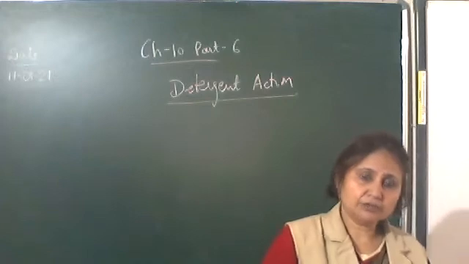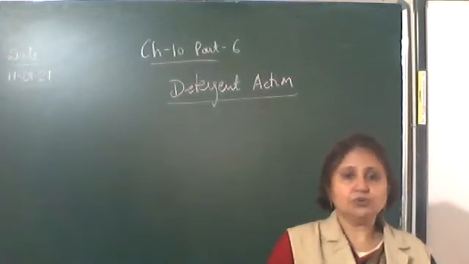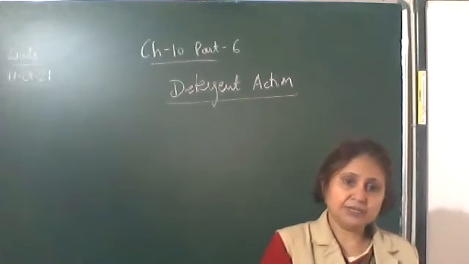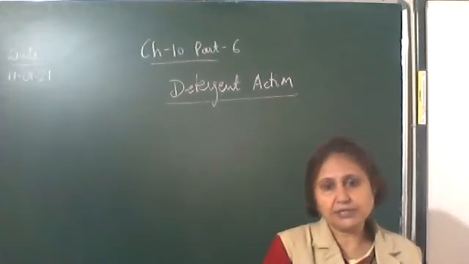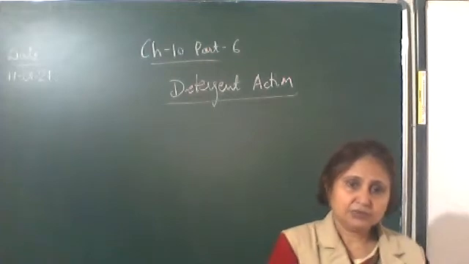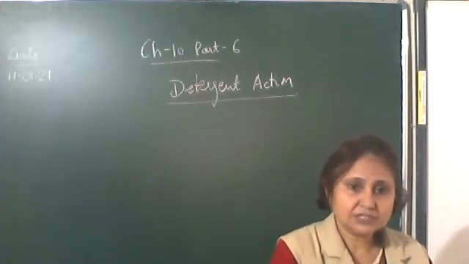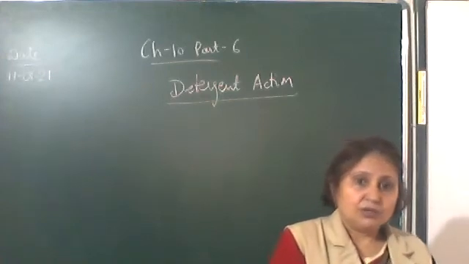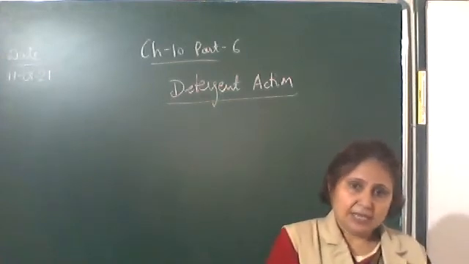Any greased or dirty cloth, if you rinse it only with water, doesn't get clean, whereas when detergent is dissolved in water, it gets easily clean. The dirt, the grease, the stain can be removed. So let's study the detergent action.